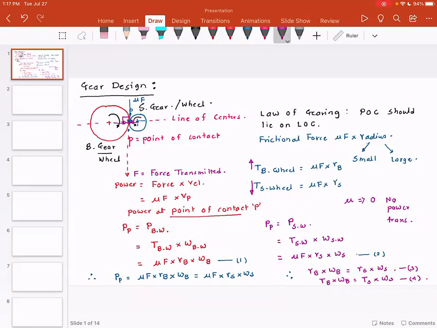So F is perpendicular to the line of centers, and F is at 0 degrees to the line perpendicular to the line of centers. And I want you to think about this expression for a second.